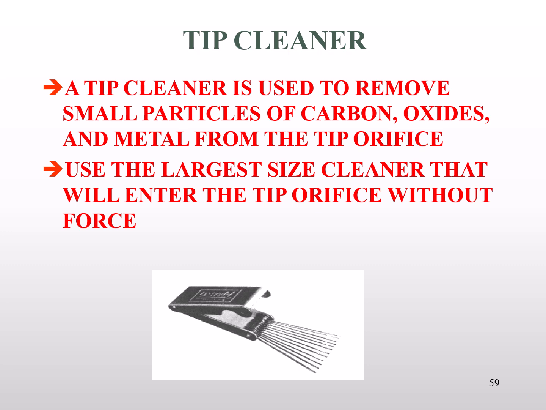And what you do is you start with the largest cleaner that will fit in that area and gently move it in and out. They've got serrated edges, and they'll grab and clean the particles out of that tip. If you have a split flame, it's a dirty or damaged tip. The first step we're going to do is grab these tip cleaners and clean the orifice out so that we get a smooth, properly shaped flame.